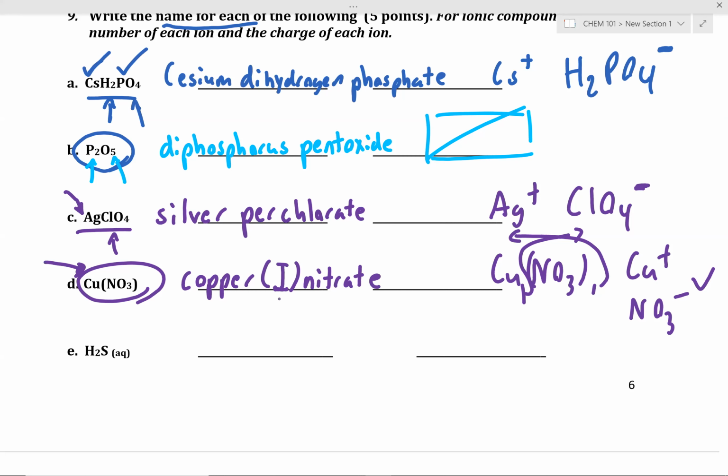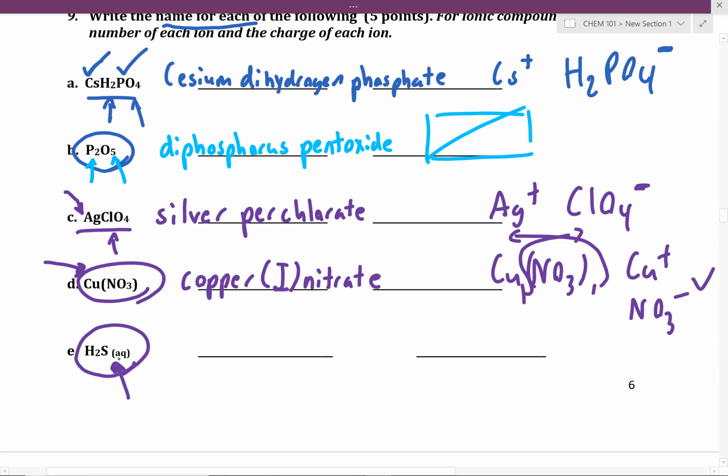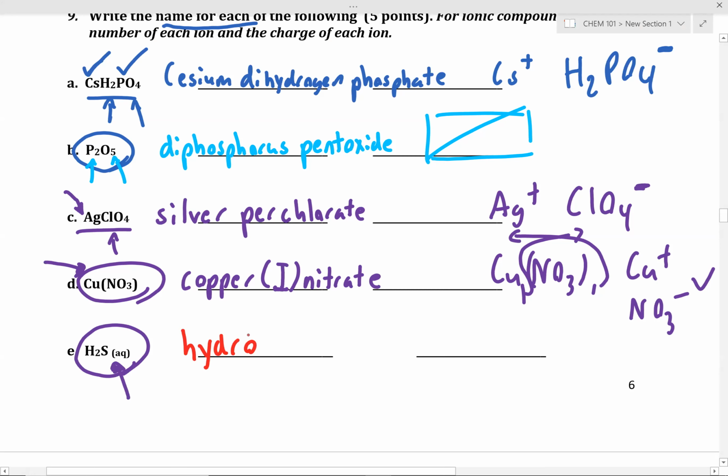Okay, let's look at H2S aqueous, always keeping in mind the state symbols. So aqueous. How do we name binary acids in the aqueous form? What do we start off with? Hydro, yep. So this is hydro. And then S is sulfur, so we change the ending.